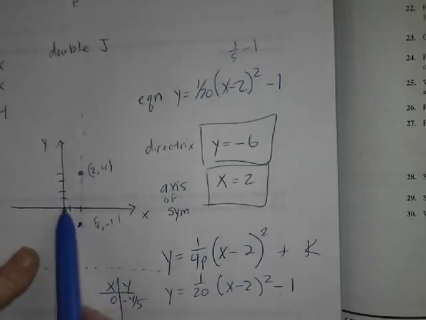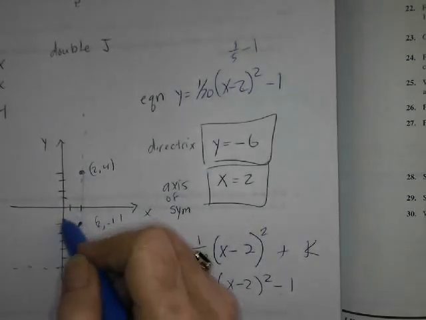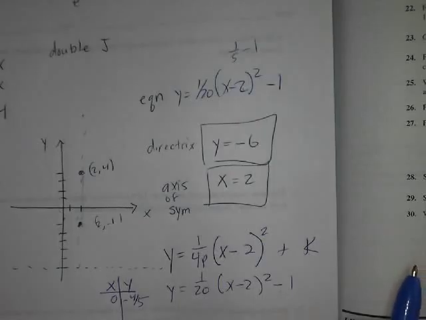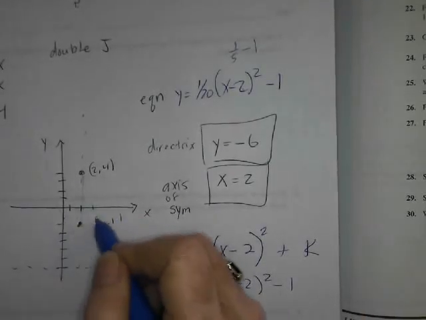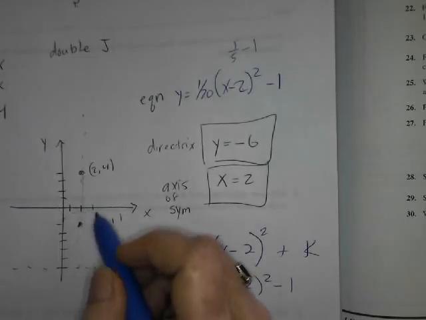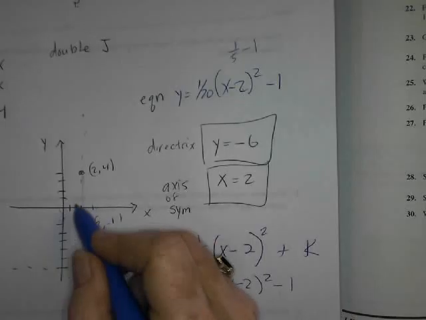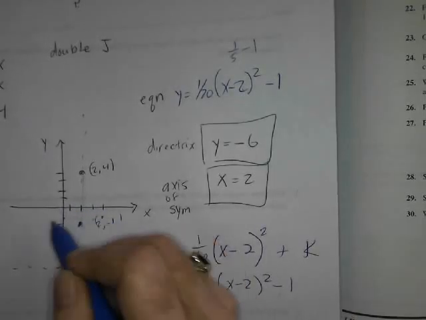So x is 0 and y is -4/5. That would be somewhere in here. And then there's another one over on the other side, right? Because there's some symmetry going on here. I know it's not that beautiful.